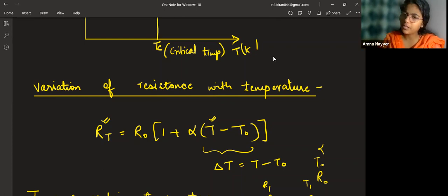T is the temperature which we are calculating, and T naught is the room temperature. Instead of writing T minus T naught every time, you can use delta T, the difference between the actual temperature and room temperature. This formula is especially related to the heating effect of electric current. You will have questions on toasters and coils, so there this concept is used.